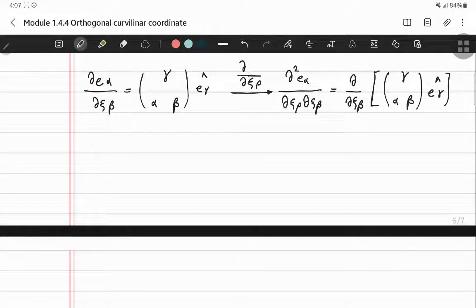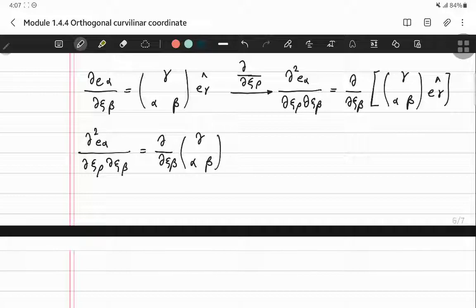So this is equal to partial derivative with respect to Z beta of this Christoffel symbol times E gamma plus the Christoffel symbol, and then we have partial derivative of E gamma with respect to Z beta.